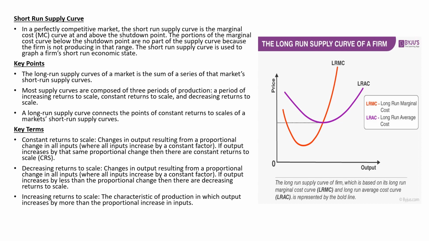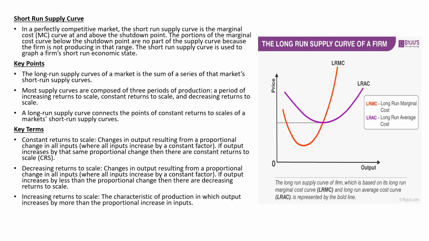So constant returns to scale are changes in the output resulting from a proportional change in all inputs. So if you double the input, you double the output.